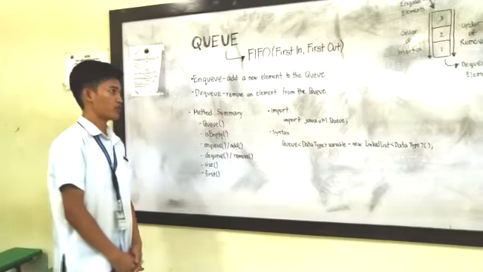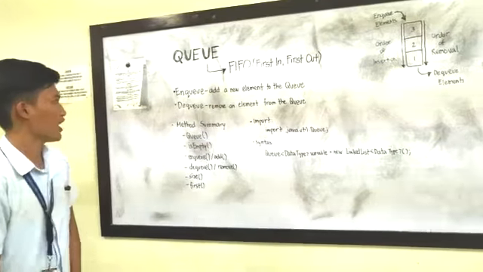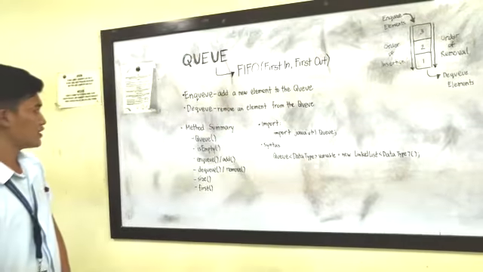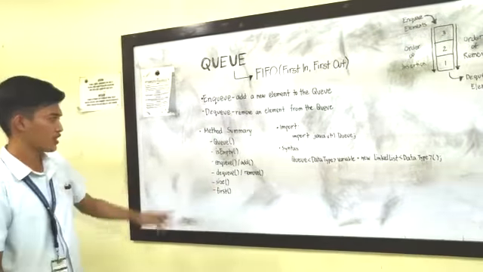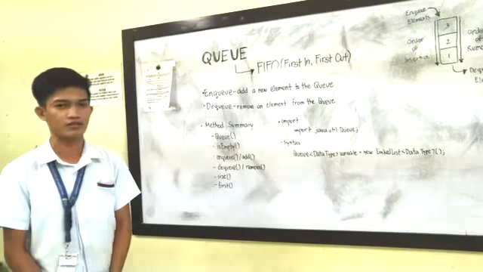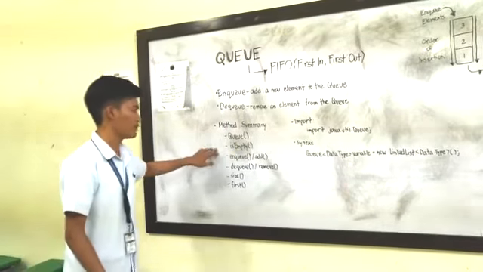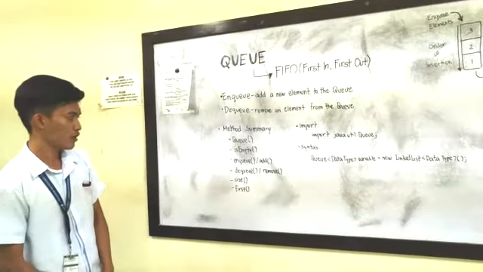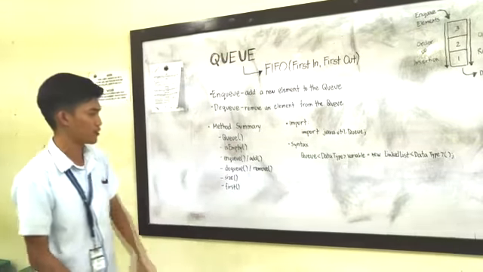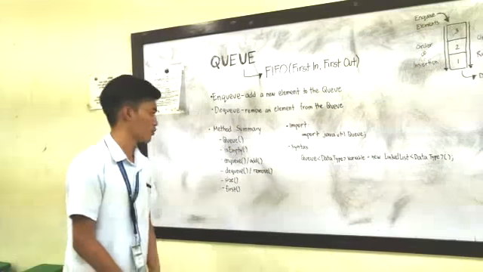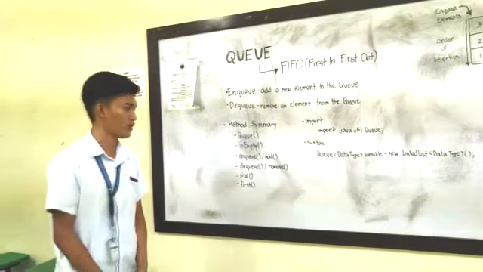For the terms from a while ago, enqueue means to add a new element to the queue, and dequeue means to remove an element from the queue. In the method summary, we have queue(), which is a representation of the queue. Next is isEmpty(), to ask if the queue is empty or not. And enqueue() or add(), which are used to insert new elements in the queue.